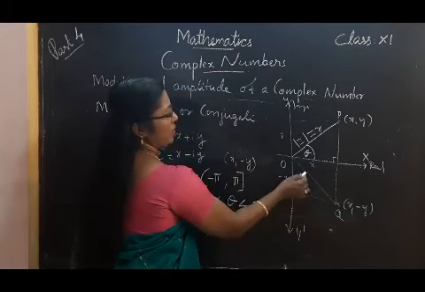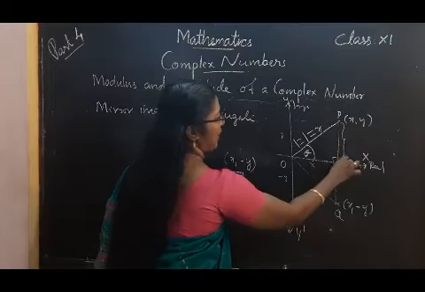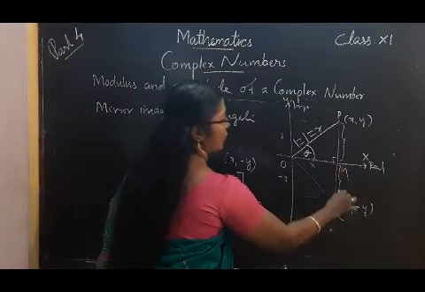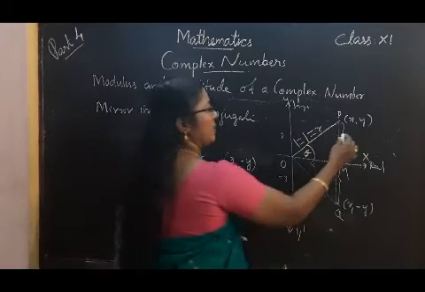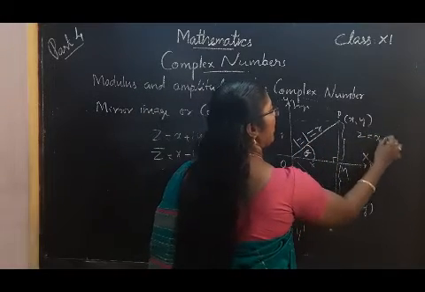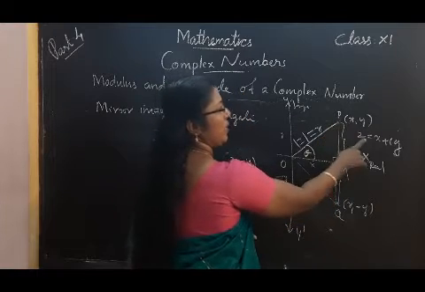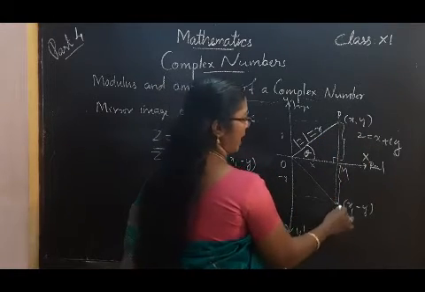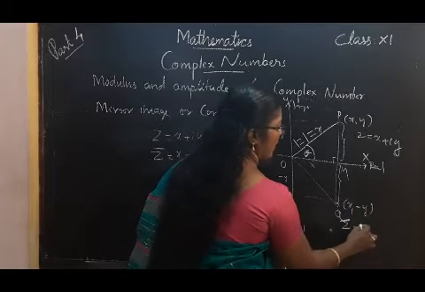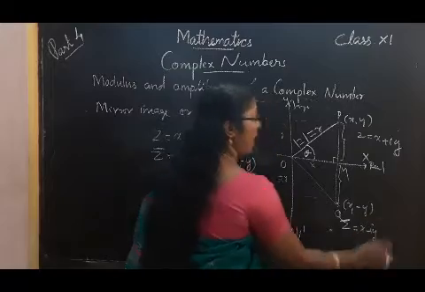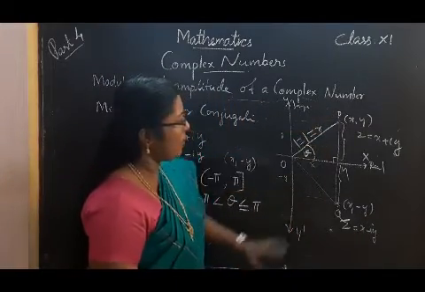Here we can say that PM equals QM, isn't it? The complex point is Z equal to x plus iy, and this is the conjugate, Z bar equal to x minus iy. Look at the figure.